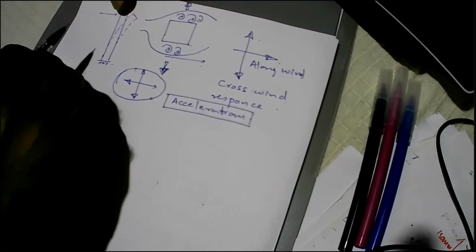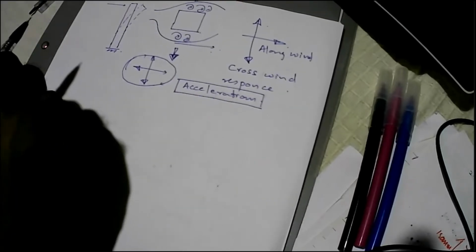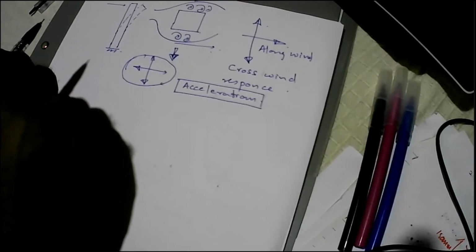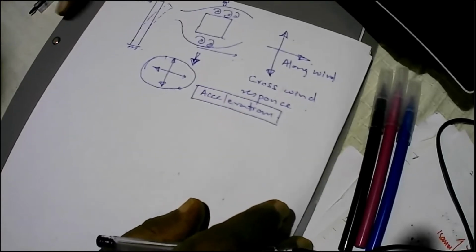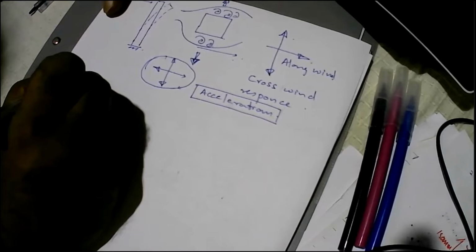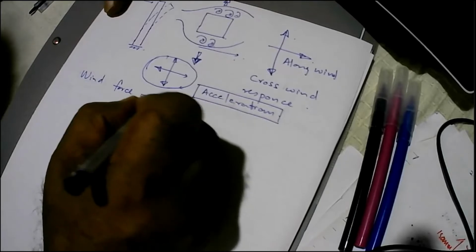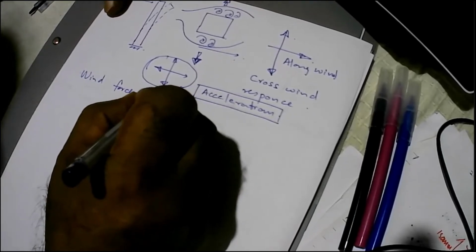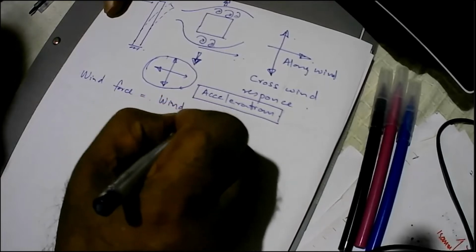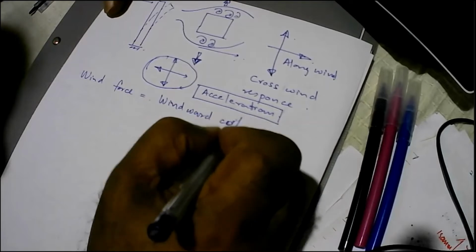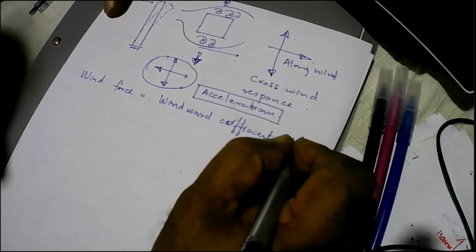So in the Australian code, in addition to finding the acceleration, even for wind loads, the wind force is given by a force coefficient, a windward coefficient, multiplied by q Vs squared.